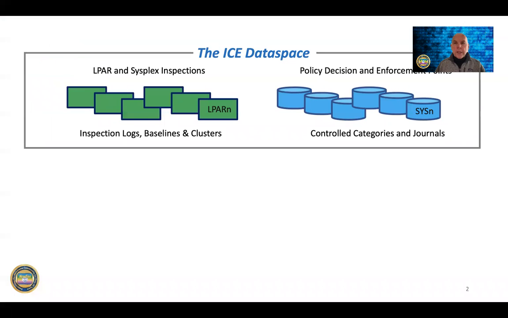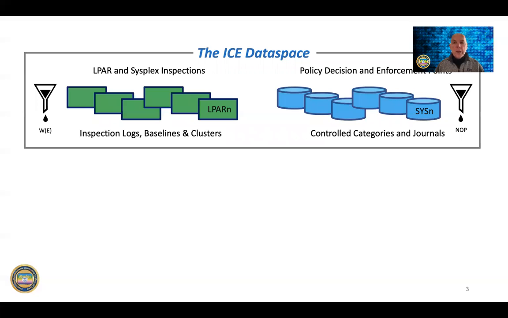I'm pretty certain by now that you already know that the ICE data space is quite large. It contains inspections, baselines, clusters, control categories, and journals, all created by Image Focus and the control editor. From time to time, it might be necessary for you to change certain characteristics of the information that is recorded in the data space.